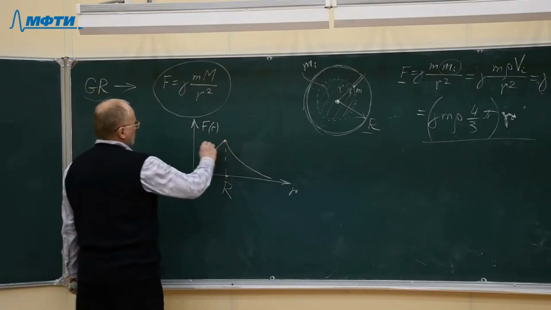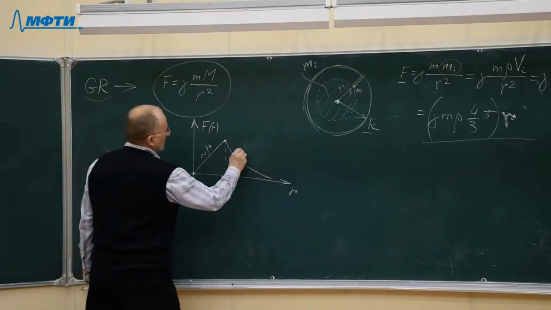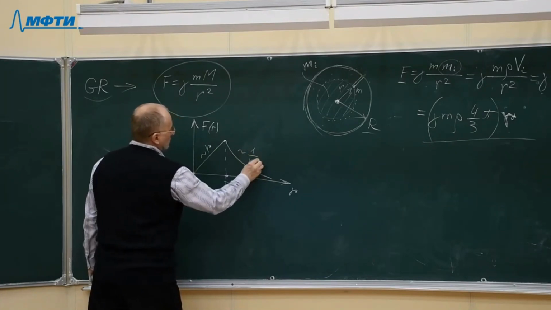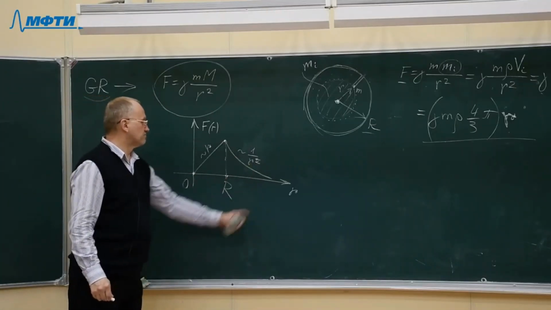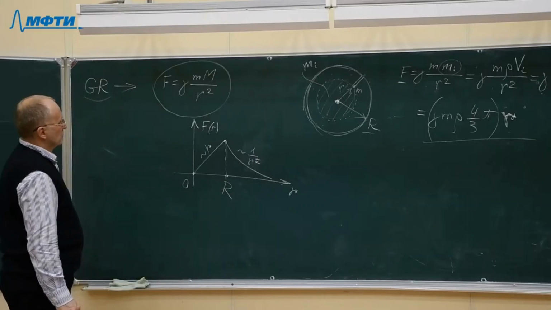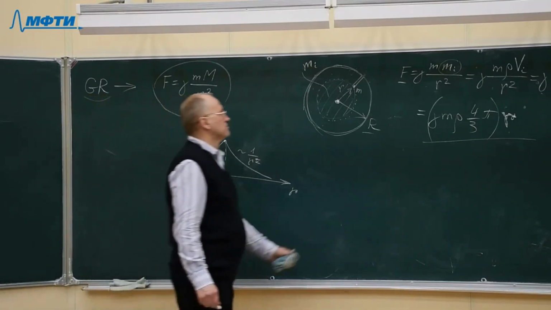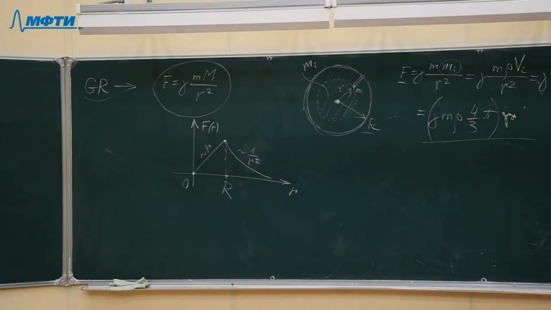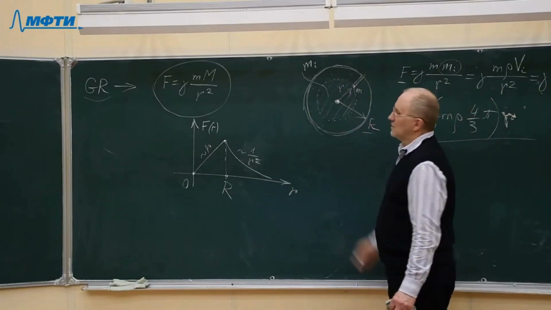So the force is directly proportional to the distance to the center inside, and it's inversely proportional to the distance squared when you are outside the sphere, outside the planet. Well, that's the gravitational forces inside the solid sphere, filled uniformly with mass, with constant density.